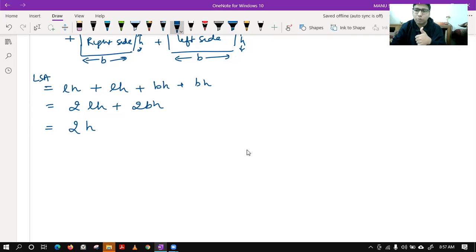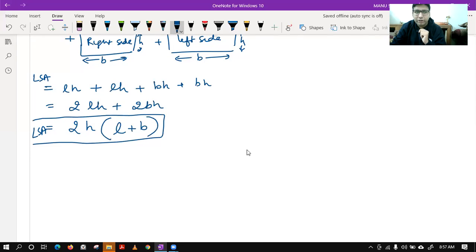So 2H is common, not only 2 but 2H is common, and what is left behind is L plus B. This is the formula of lateral surface area that you people have derived but not learned. You have only derived it. So whenever you have forgotten the formula, just make this cuboid diagram, mark the dimensions and find the formula on your own.